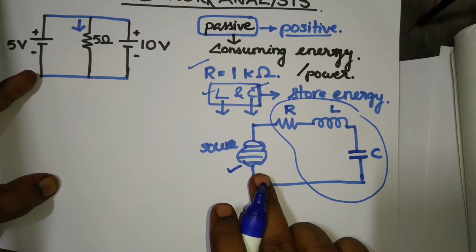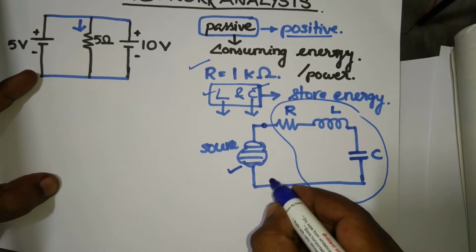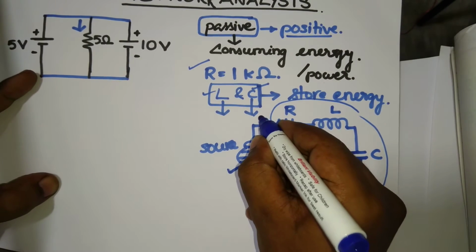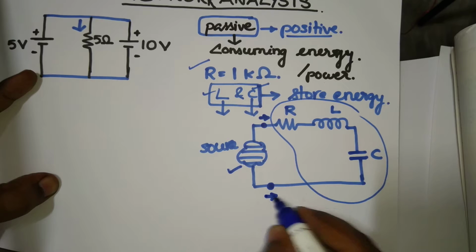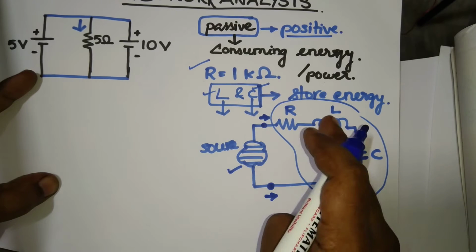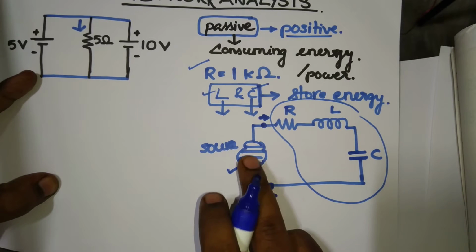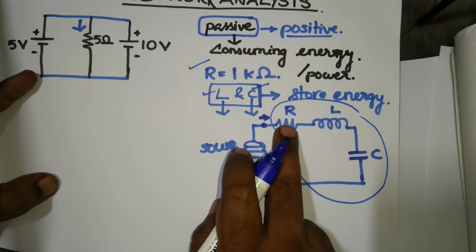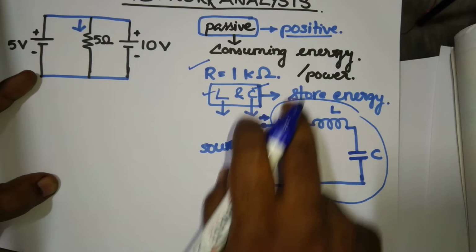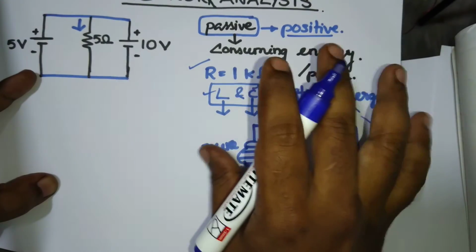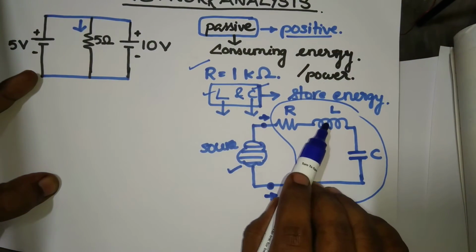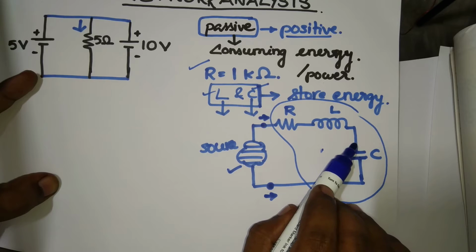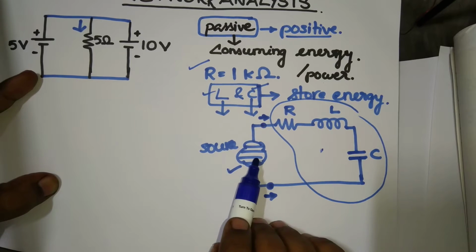So the moment we connect the source to this network, these elements will absorb energy from this source. This resistor will absorb energy, and in no time it will try to dissipate it to its surroundings in the form of heat. But these two will try to store energy from this source.